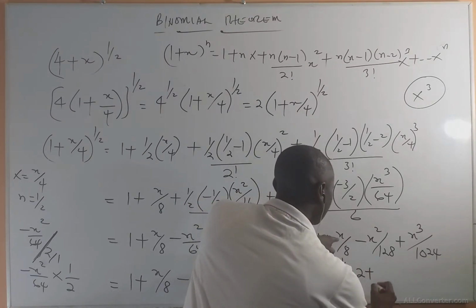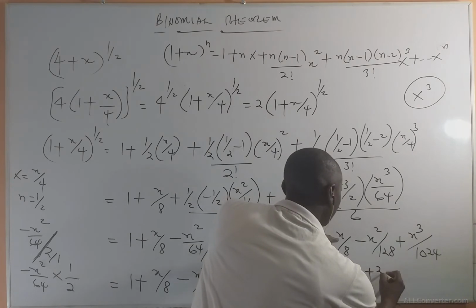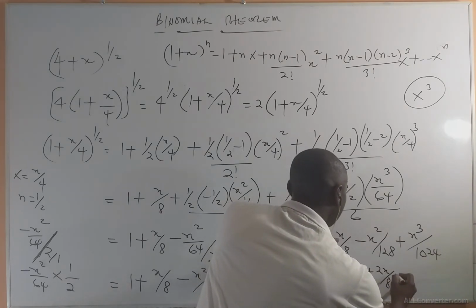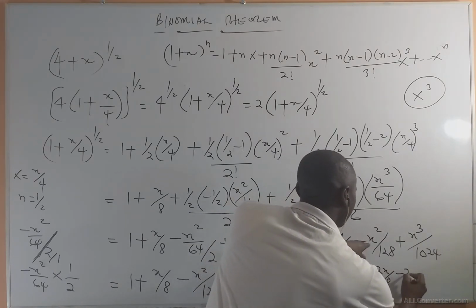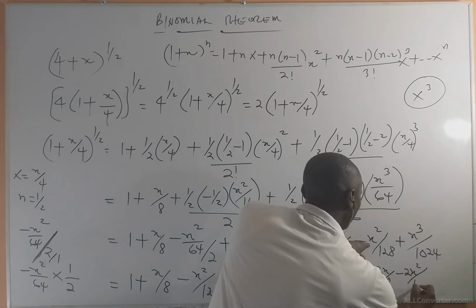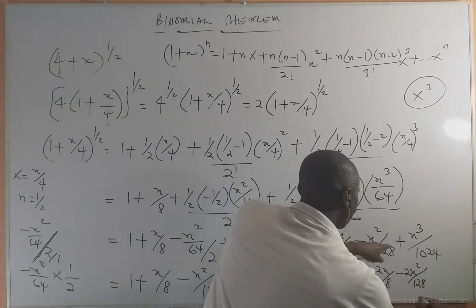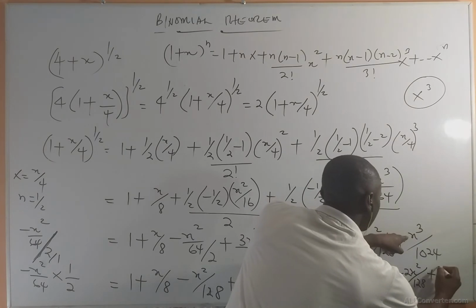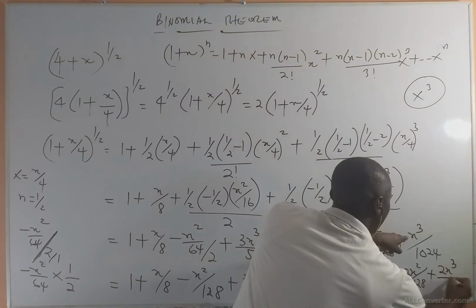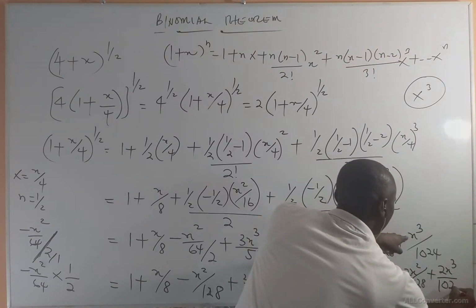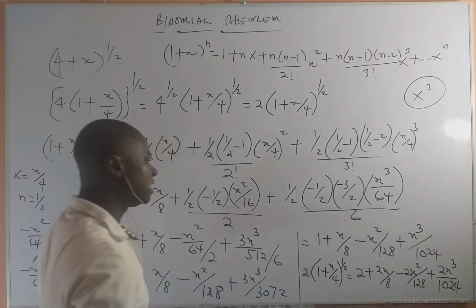Then 2 times x here will give us 2x on 8. Then minus 2 times this will give us 2x squared on 128. Then 2 times this will also give us 2x cubed on 1024.